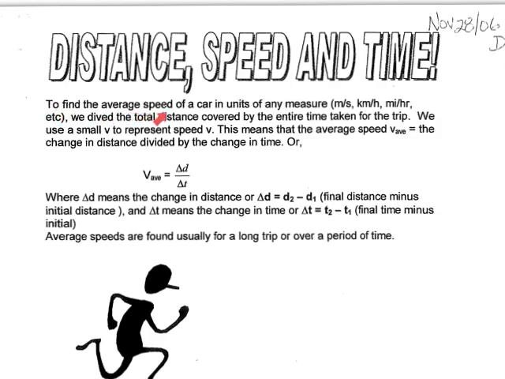So to find the average speed of a car in units of any measure, meters per second, kilometers per hour, miles per hour, etc., this is supposed to say divided: the total distance covered divided by the entire time taken for the trip. We use a small v to represent speed, so that's v.